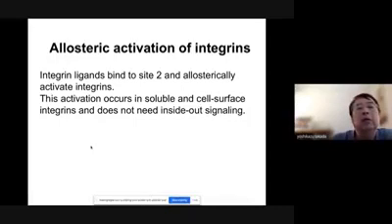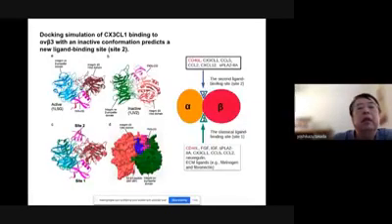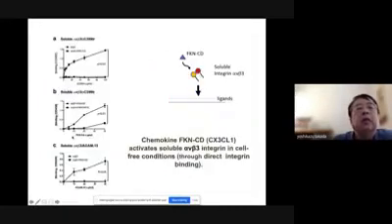Again, this goes back to this slide. Based on this finding, we tested if this site 2 binding is involved in integrin activation. So we used soluble integrin alpha V beta 3.